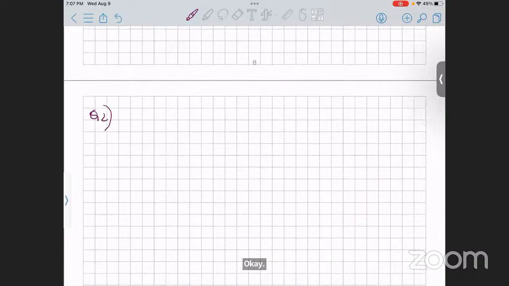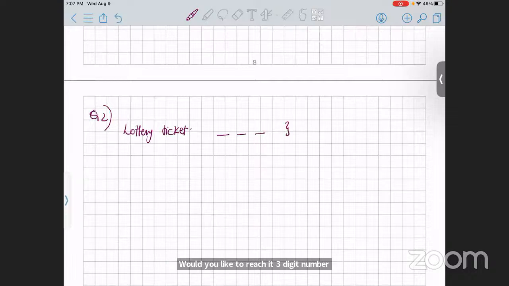Question 2. Look, there is a lottery ticket. It is a three-digit number.